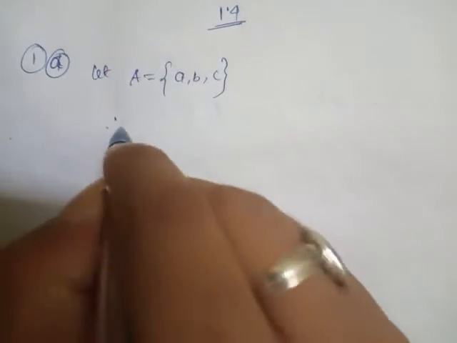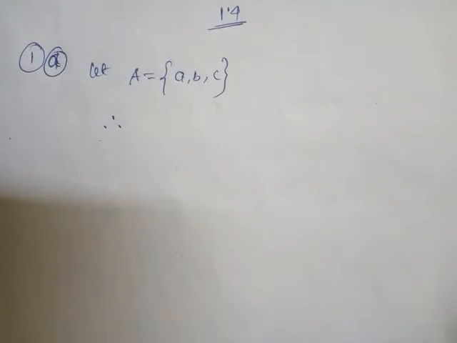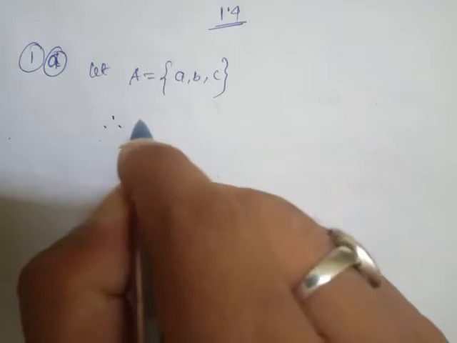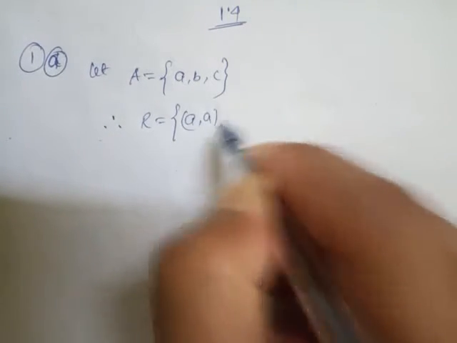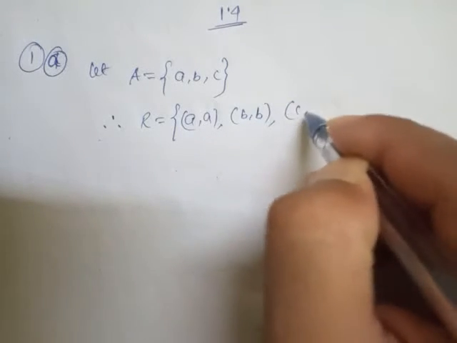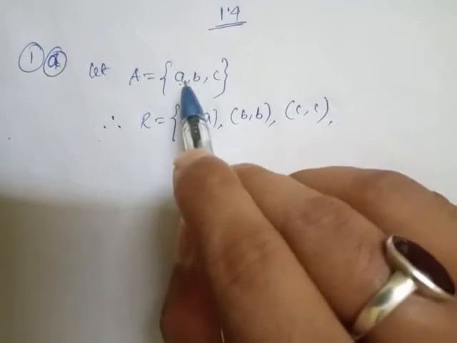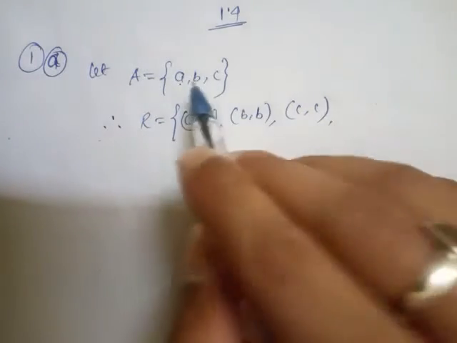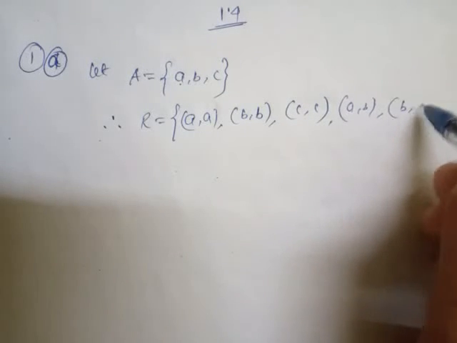So according to the reflexive element, we can say that (a, a) belongs to R. So here R equal to (a, a), then (b, b), then (c, c), next is (a, b) and (b, c).